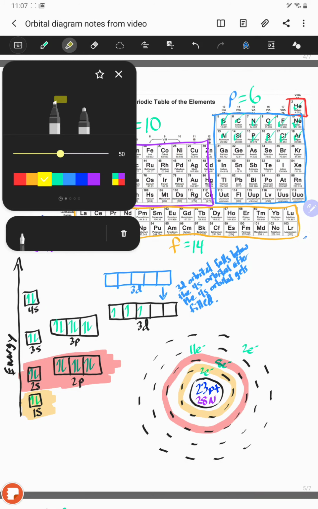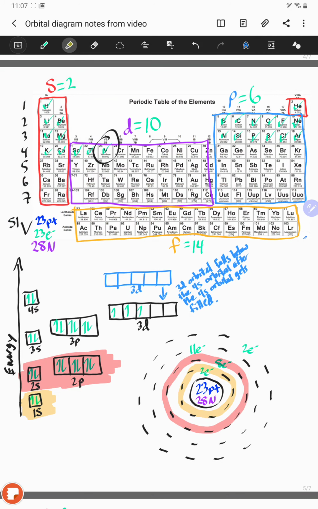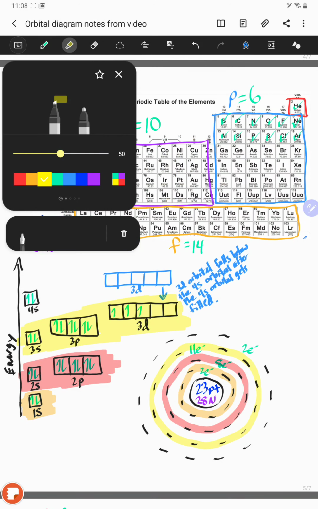Let's look at the third energy level. We have a total of 11 arrows drawn, and I have 11 electrons drawn on my third energy level here.